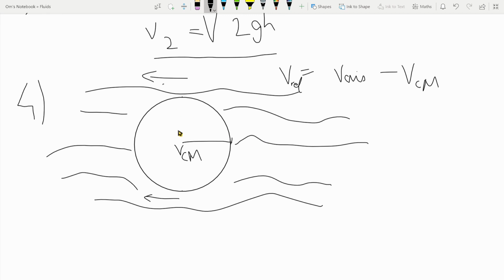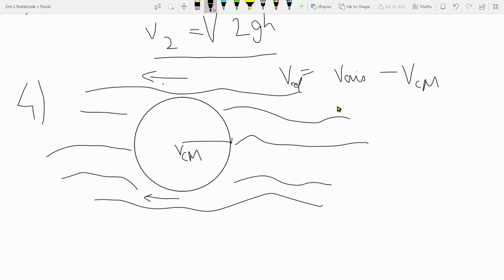So they'll be moving with the same speed in both cases. When we apply Bernoulli's equation, we neglect the difference in heights because the ball is very small, we're going to assume it's a point mass. So the difference in heights between these two points is almost negligible, and we only have to rely on comparing the velocities and pressures.